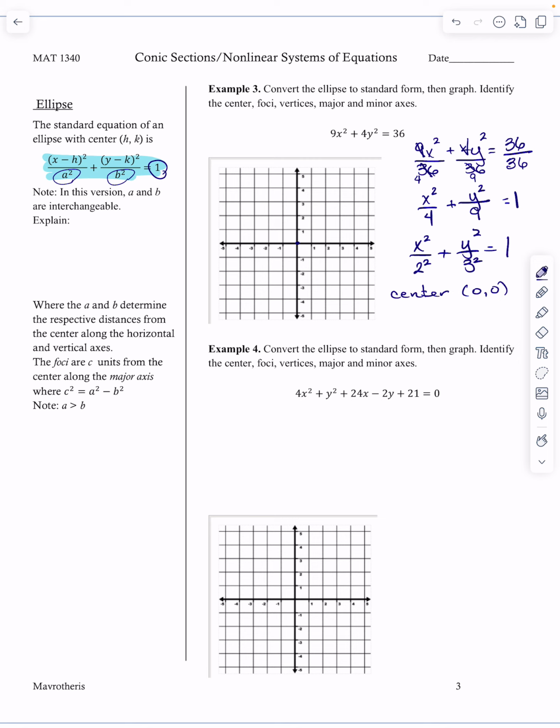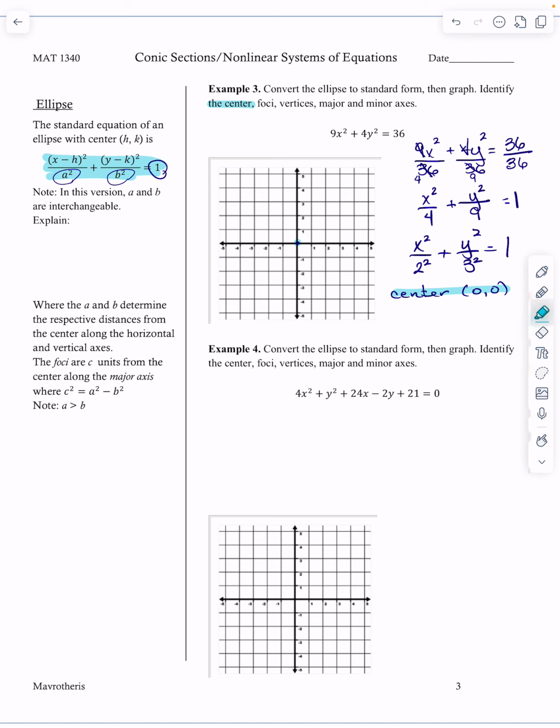Okay, now notice this asks for a couple of things. We want the center. I'm going to skip the foci for a minute. We want to talk about the vertices and the major and minor axes.